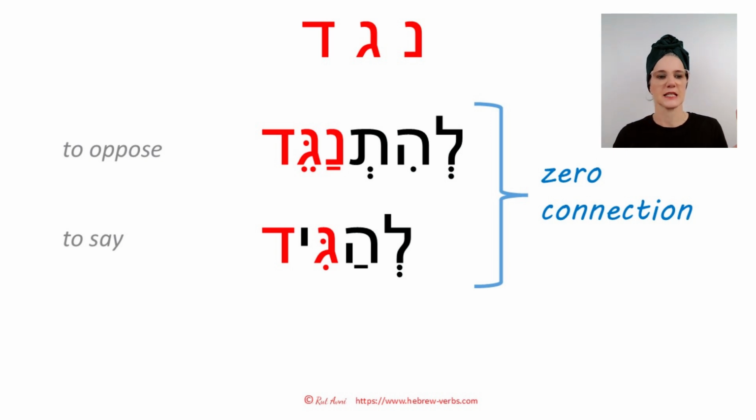Yes, this exists. Why is that happening? That is the worst question ever in Hebrew. It's not about why. You have to be open to terrible exceptions and just move on. Okay, so when you stumble upon one, just recognize it and move on. But why? So what's happening here is basically that the historical connection got lost.